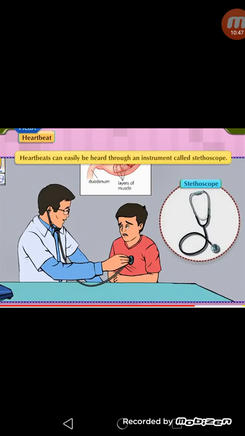Now how do the doctors recognize these heartbeats? They detect these heartbeats through an instrument called a stethoscope. We can say doctors listen to the heartbeat using a device called the stethoscope. From the nature and number of heartbeats in 1 minute, the doctor can find out the condition of your heart.